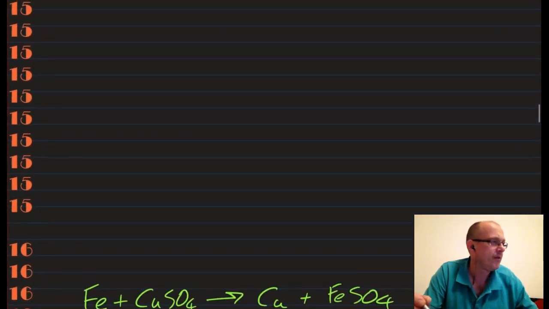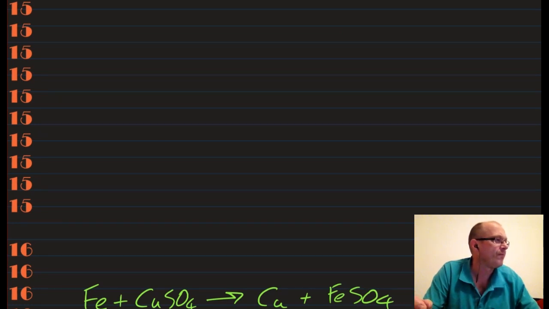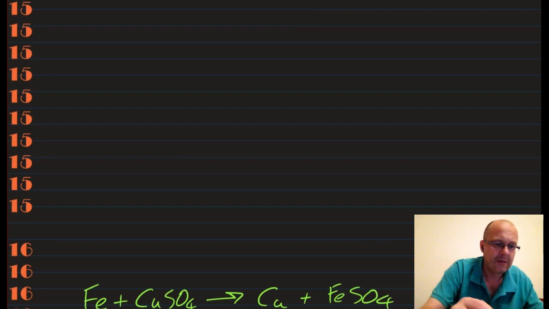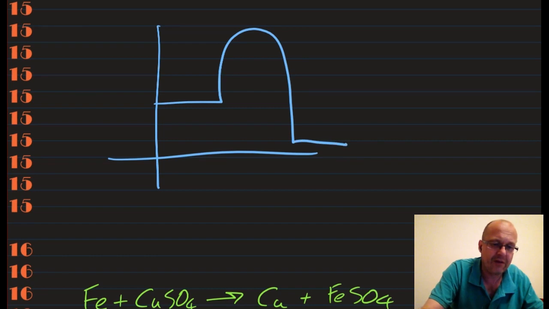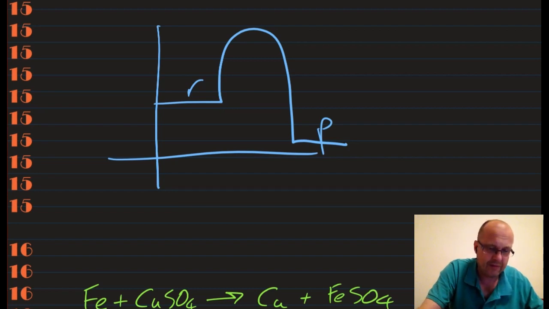15. What's correct for that reaction? So I've got an exothermic reaction. It's going to be this profile. There's the reactants, there's the products. Delta H is going to be negative.